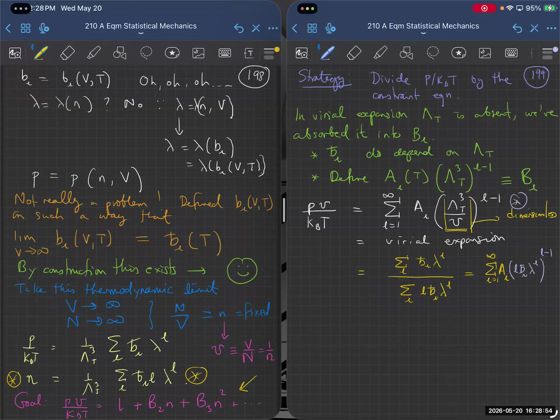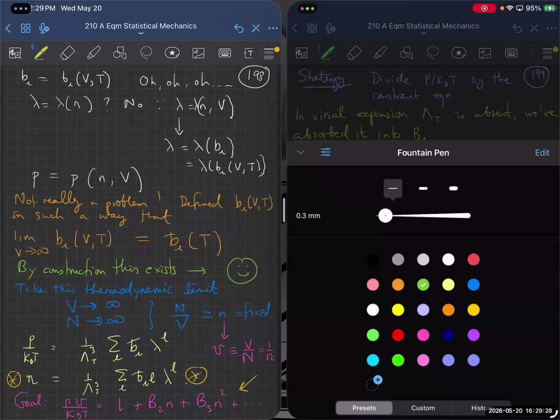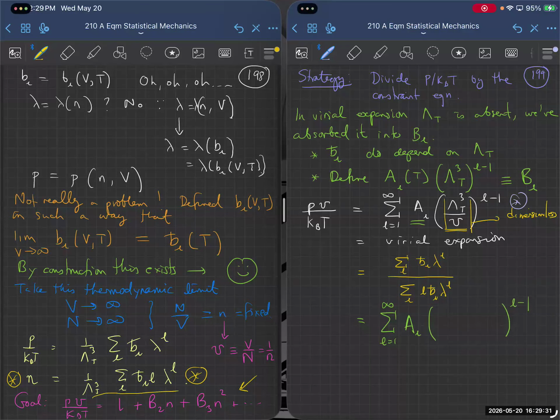And by the way, this is wrong here. I made two mistakes. One of them was intentional, one was not. I'm going to erase this and write it down properly. It's important that you see this. So this whole thing is the sum from L equals 1 to infinity, a_L, so that's this part, and then I'm going to put something in here raised to the power L minus 1, and the thing that I'm putting inside is this from over here.